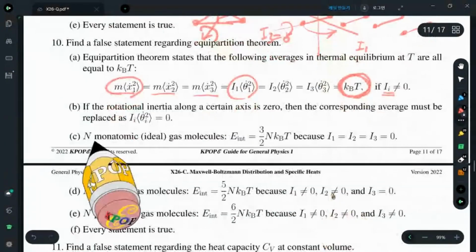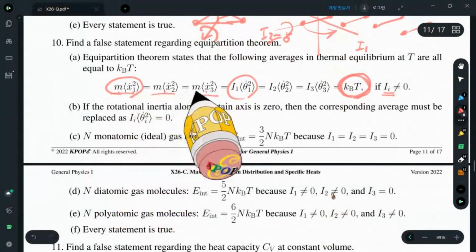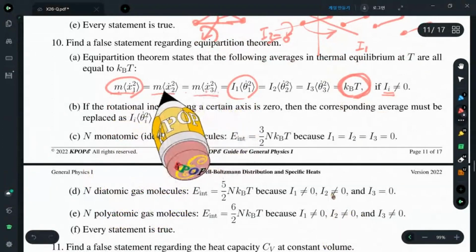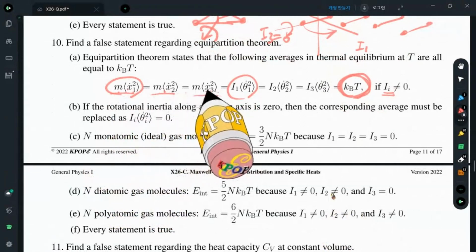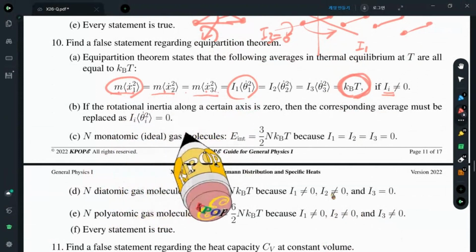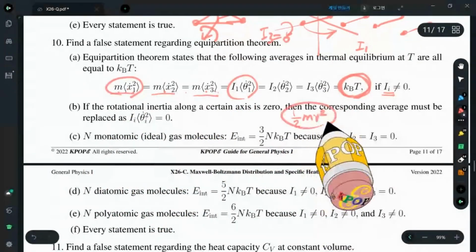So monatomic gas has 3 independent axes of translational kinetic energy, of the 1/2 mv squared style.